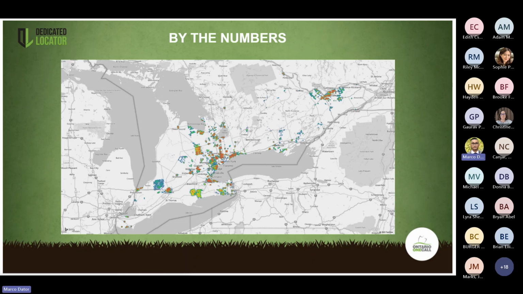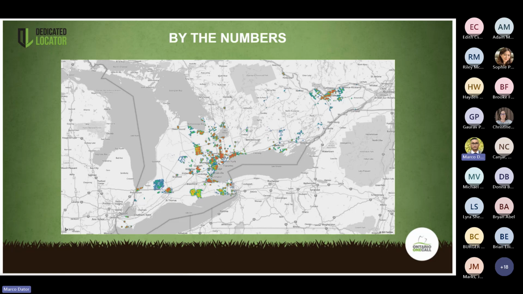This is something interesting that we plucked out as well. It's a heat map covering Ontario, showing where we're seeing dedicated locator requests coming through. This is a frequency heat map where the red areas are where the most locates are submitted, to blue where it's minimal impact and not many locates are being submitted, but it still shows up under dedicated locator for those areas.